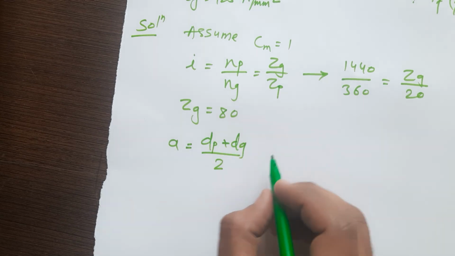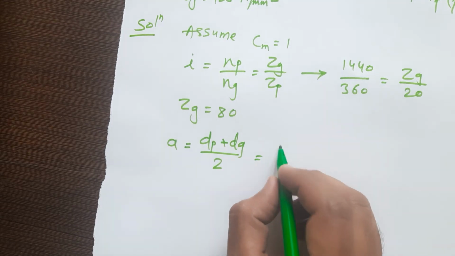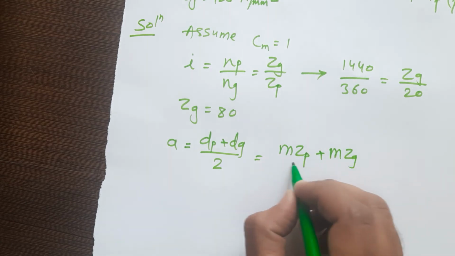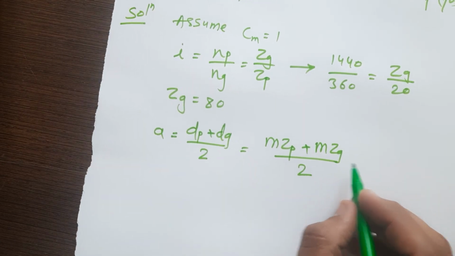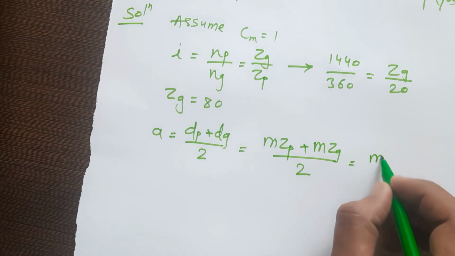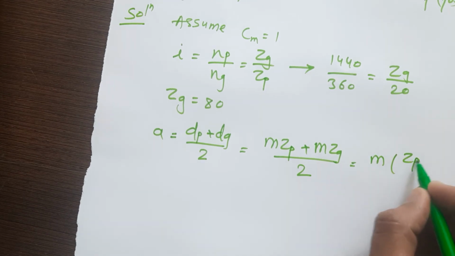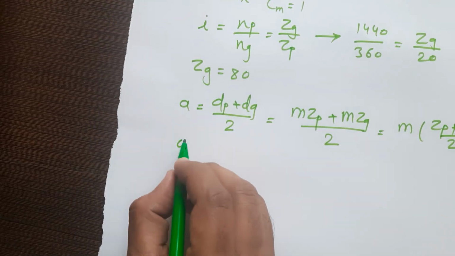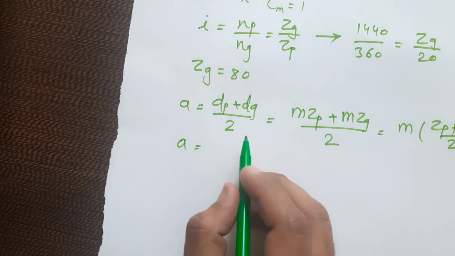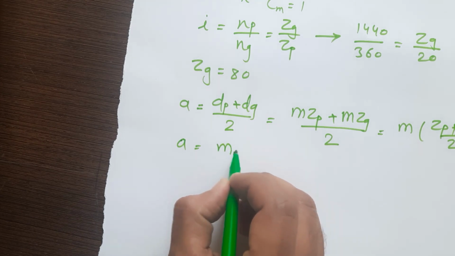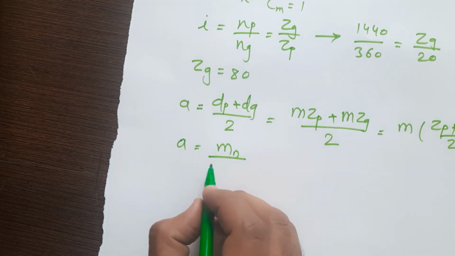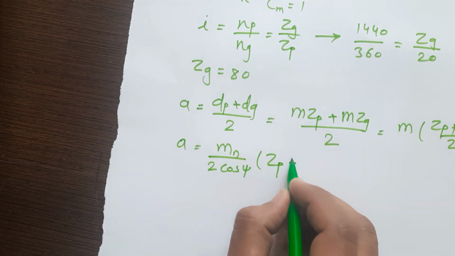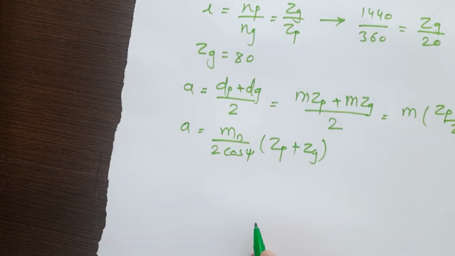It is nothing but center distance. Now dp and dg are m zp and m zg, so A is m zp plus m zg divided by 2. Taking m common, m times zp plus zg divided by 2. Now m is nothing but mn divided by cos psi. So A is equal to mn divided by 2 times cos psi, into bracket zp plus zg.